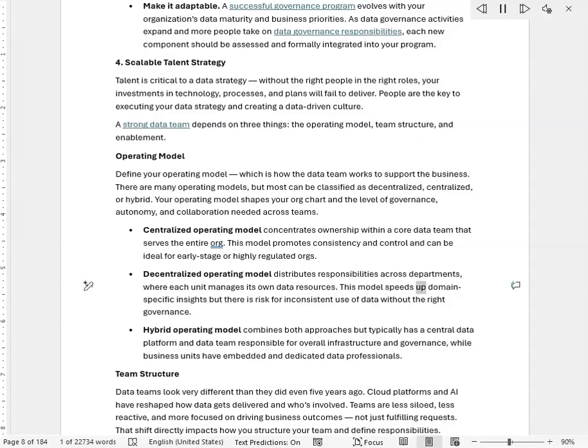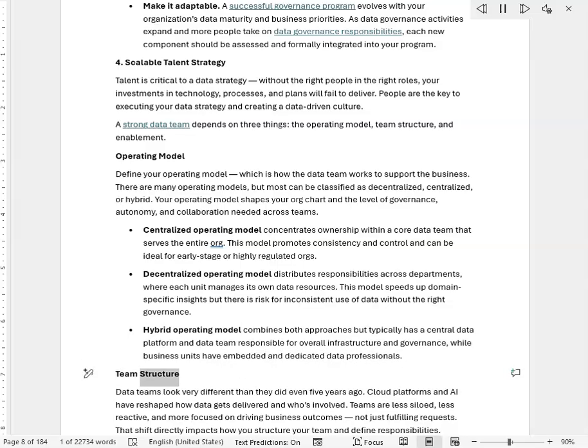This model speeds up domain-specific insights, but there is risk for inconsistent use of data without the right governance. Hybrid operating model combines both approaches, but typically has a central data platform and data team responsible for overall infrastructure and governance, while business units have embedded and dedicated data professionals.